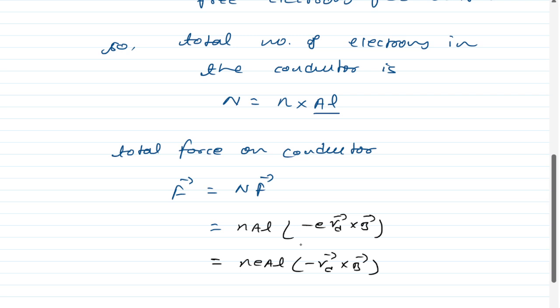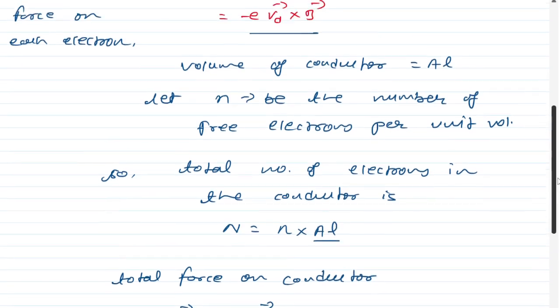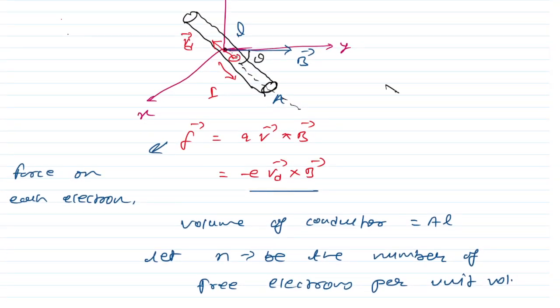Now if we take a small current element of the wire, this is the wire, current is flowing in opposite direction, in this direction. If we take a small element dl, so Idl will be pointing in this direction, but Vd is pointing in this direction.